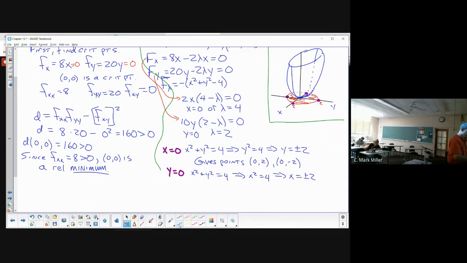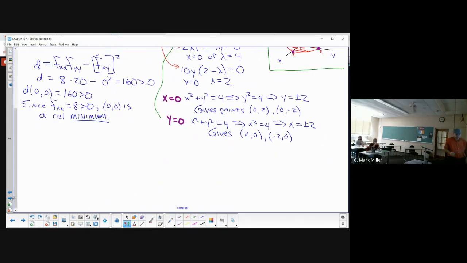So that gives 2, 0 and minus 2, 0. So now we're talking about the perimeter of the disk, right? Those are places we could have maxima and minima.